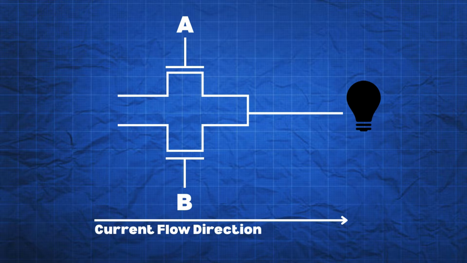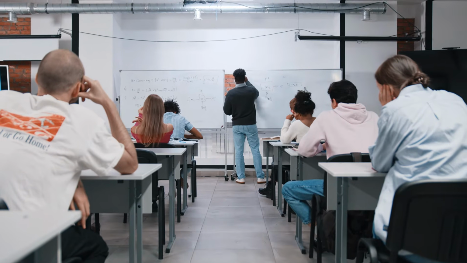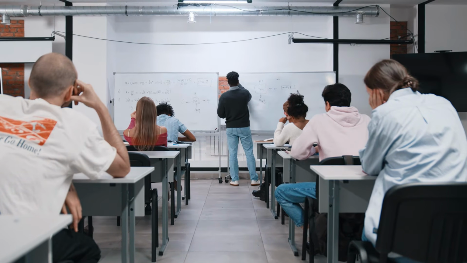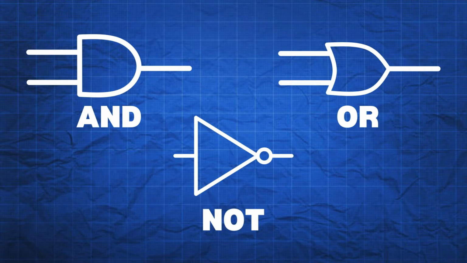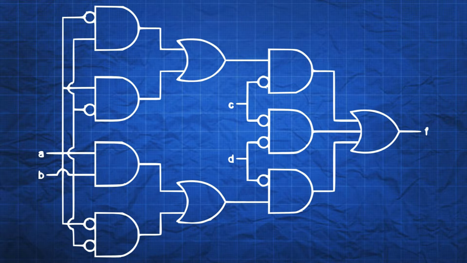To stop the flow of current, they have to be both in the off position. You see where I'm going with this, right? If you have or had engineering or computing at school, you may have covered logic gates such as AND, OR, and NOT. Transistors are the basis of these logic gates. We've taken quite simple configurations, but in more complex circuits, such as this, we can perform complex computations.